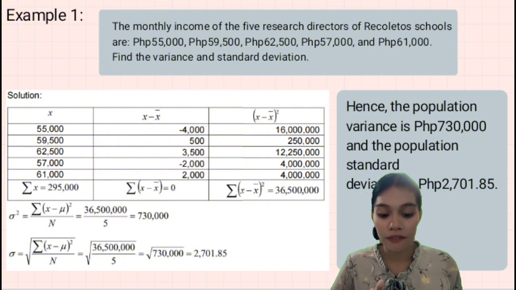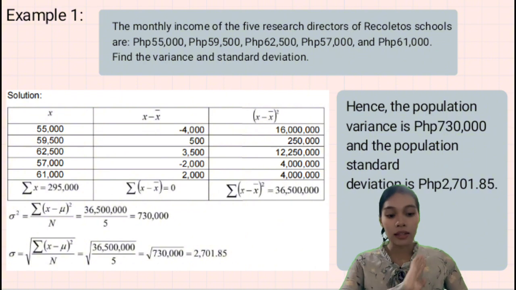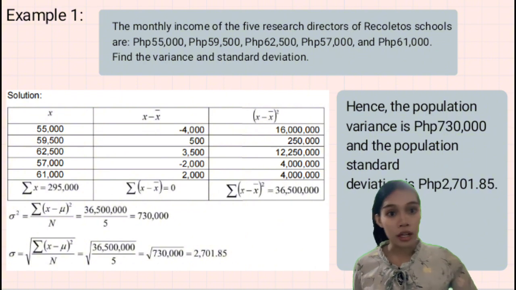So we have 5 values, right? So we have 295,000 divided by 5, so we have 59,000. Okay, so our mean is 59,000. I will check if we have the correct mean, because I did not include it in the solution.